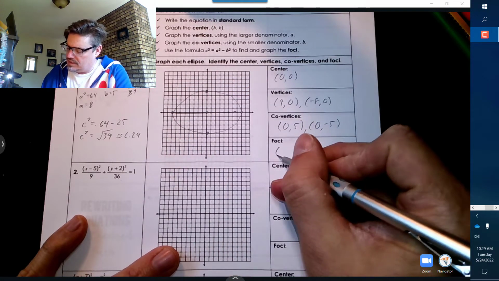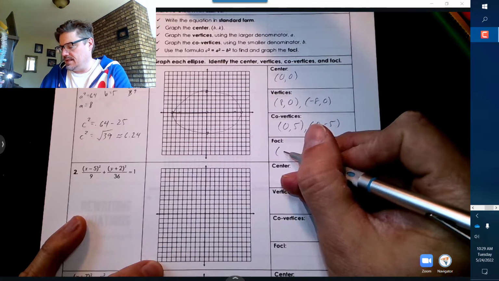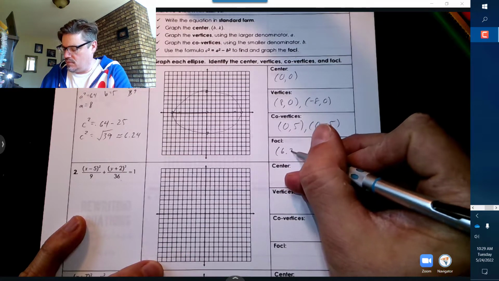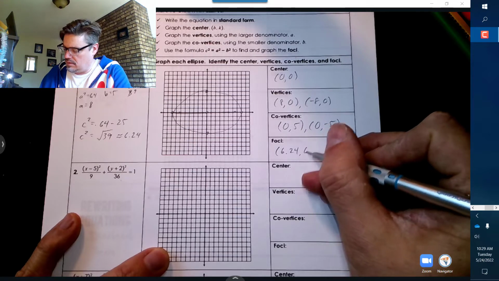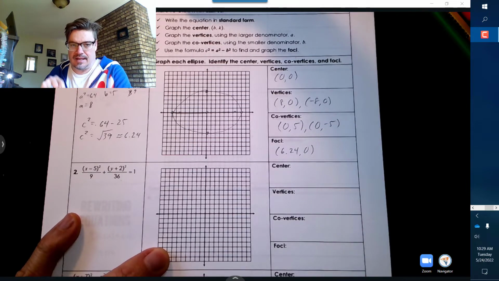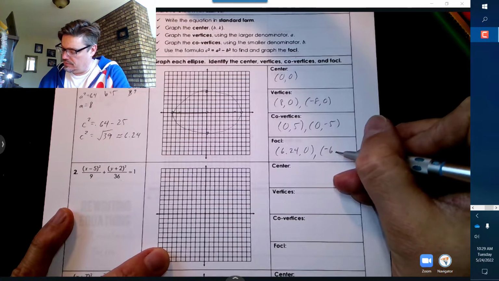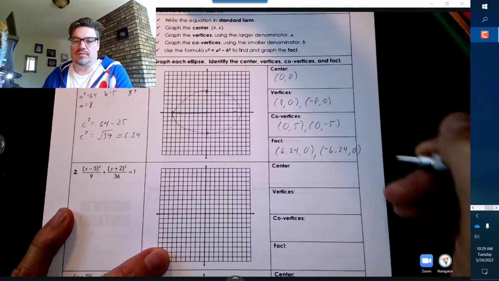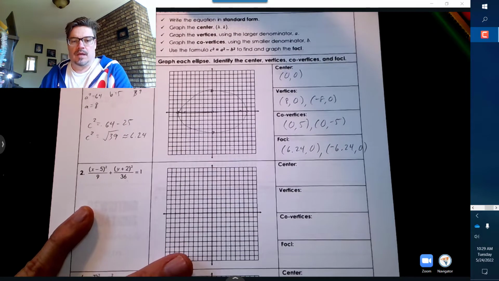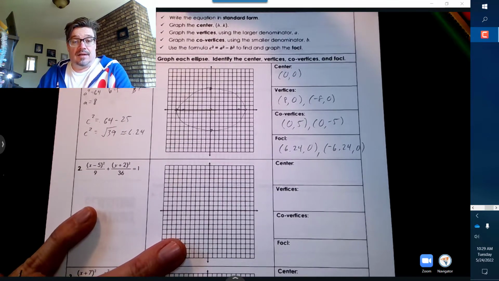So this means your foci are at 6.24, 0, because remember it's on the x axis, it's on the major axis, and then negative 6.24, 0. Okay, those are where the foci are. All right, and that's all that you needed for this one.